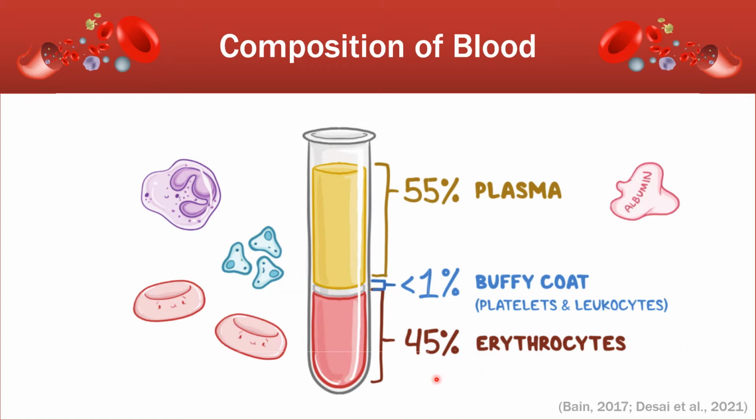And then finally, if we look down here at the very bottom layer, we have those red blood cells. They're also called erythrocytes. And we see that their concentration is around 45%. Their main job is actually to carry oxygen and carbon dioxide throughout the body to where they need to go.